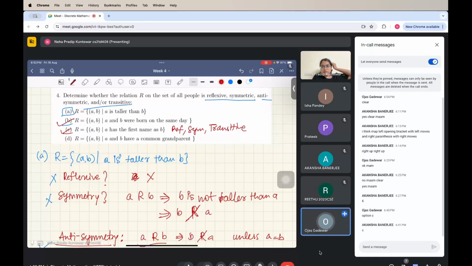It is reflexive. It is symmetric, not antisymmetric, and transitive also. Okay. Anybody else has a different answer for D? Isha, Pratik, Akansha, Ritu, any of you?